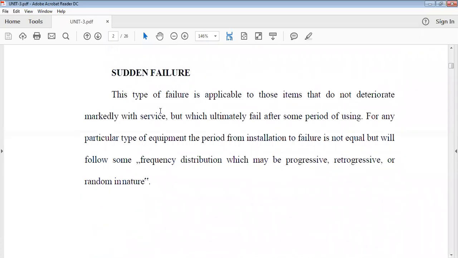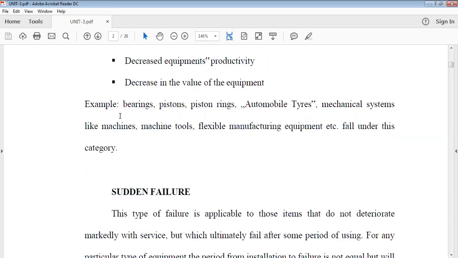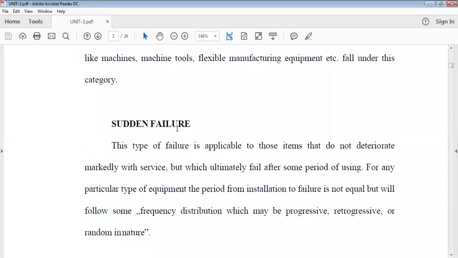Sudden failure. This type of failure is applicable to those items that do not deteriorate markedly with service. Bearings and pistons deteriorate with service, but bulbs do not deteriorate with service, yet ultimately fail after some period of use.